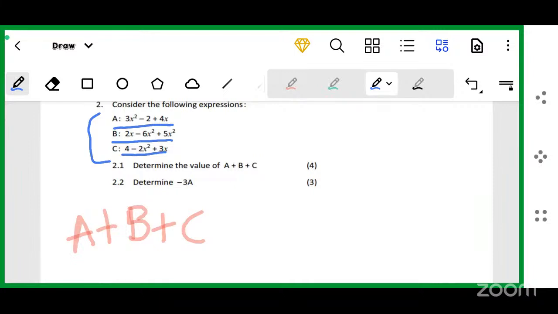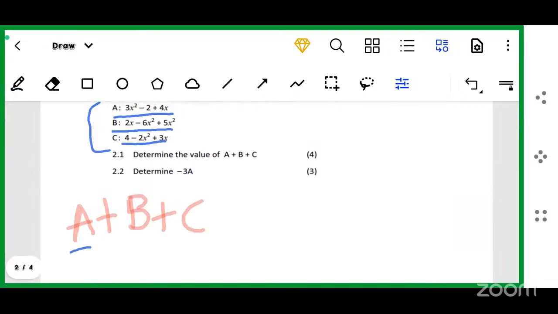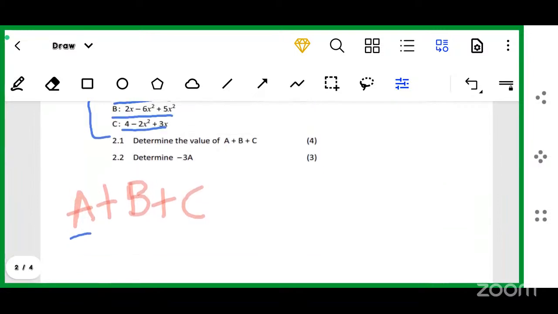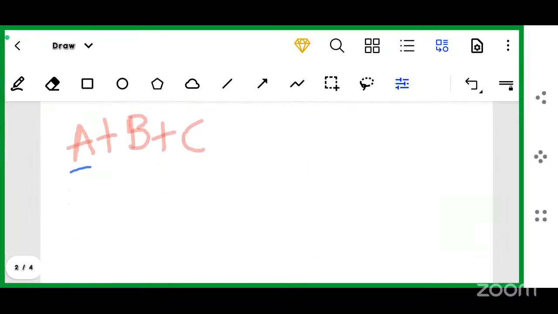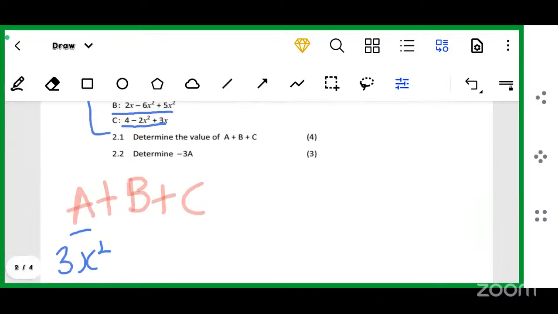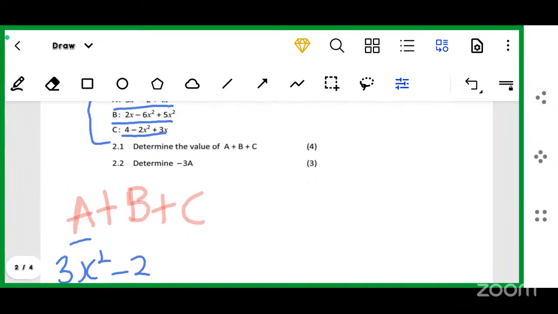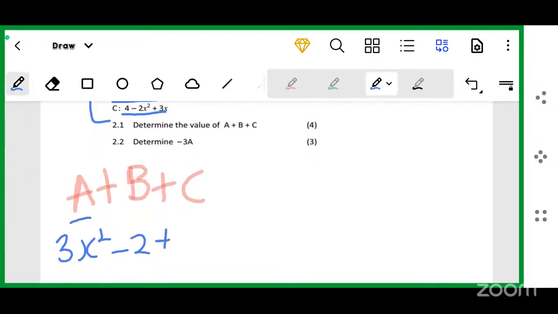So where there is A, what are you going to substitute? We're going to write 3x to the power of 2 minus 2 plus 4x. Perfect. So let me write that down. It's going to be 3x squared minus 2 plus 4x.